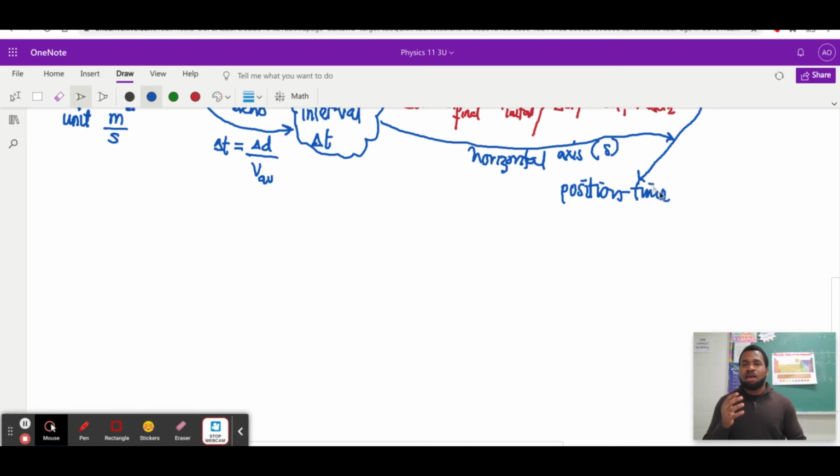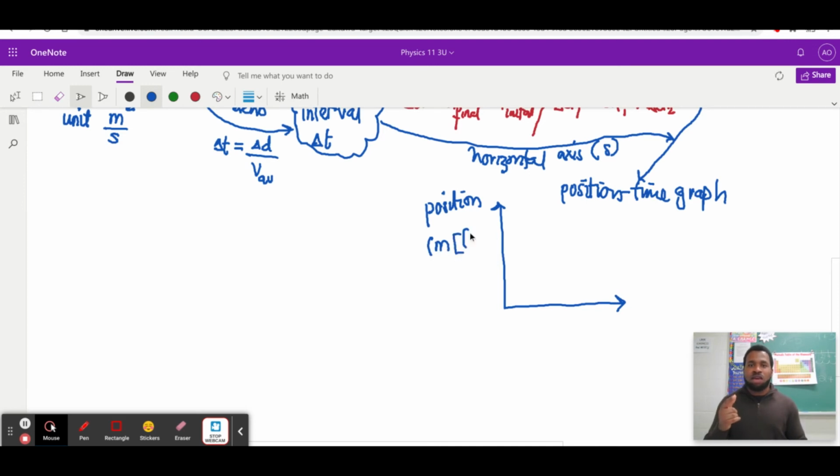time graph. And so what our position time graph does is that, one, it describes the motion of an object based on the vector quantity relationship. And so therefore, what we have as our measurement is that on the y-axis, we have our position, and our position is going to be recorded, take note, in meters, and our specific direction that it is located at.